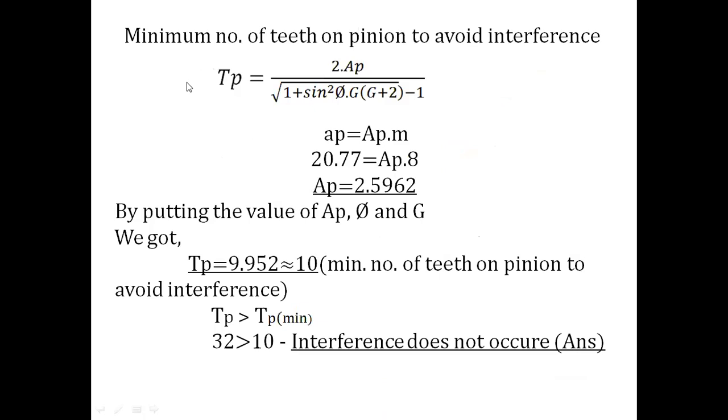Now the second thing asked in the numerical is the minimum number of teeth on pinion to avoid interference. So this is the formula. Putting the values: AP is not given, but we have found small AP is equal to capital AP into M. We have that formula.